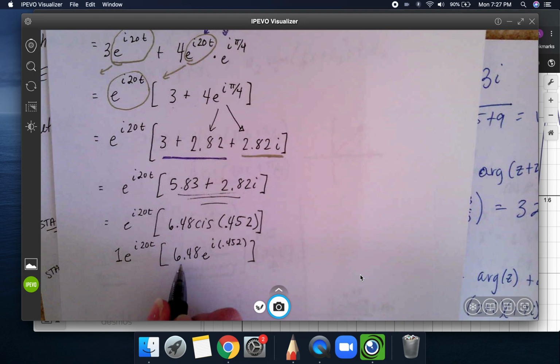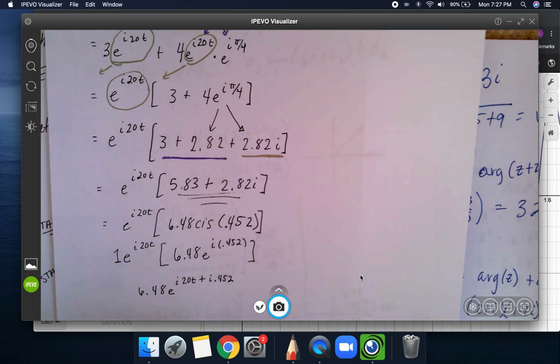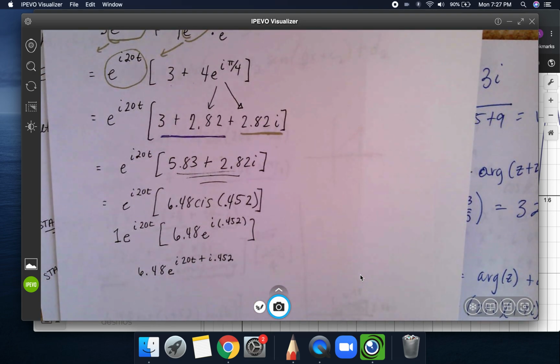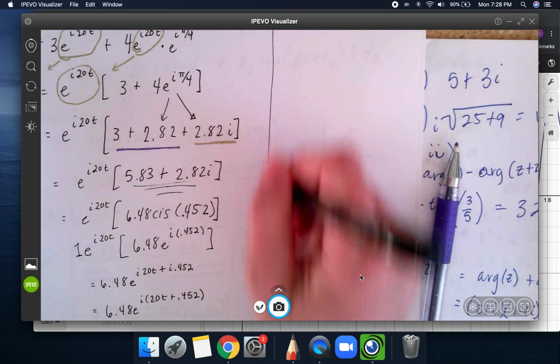Put them together by multiplication: 6.48 e to the i 20t plus i 0.452. And then technically we should probably pull that i out front, making it nice and clean down here at the end: e to the i times 20t plus 0.452.